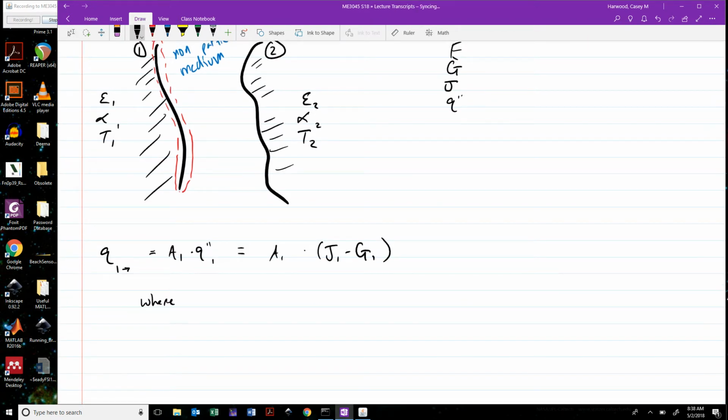where J1 is equal to the emissive power, epsilon 1 E_b1, plus the reflected portion of the irradiation. Okay. So this right here is why this is going to become a bit of a headache, because we've got G1 showing up in two places.